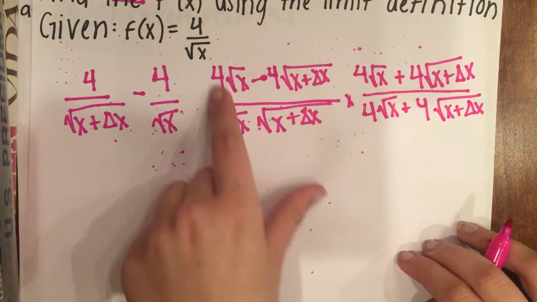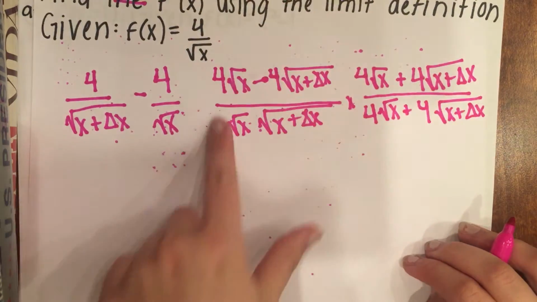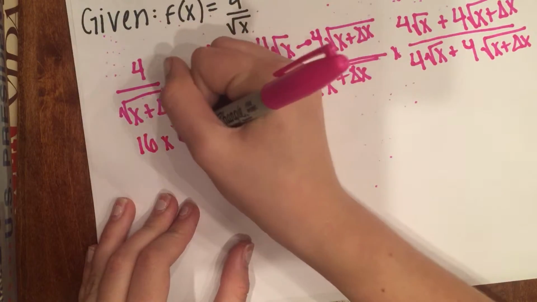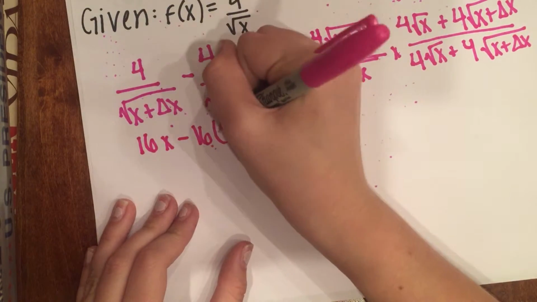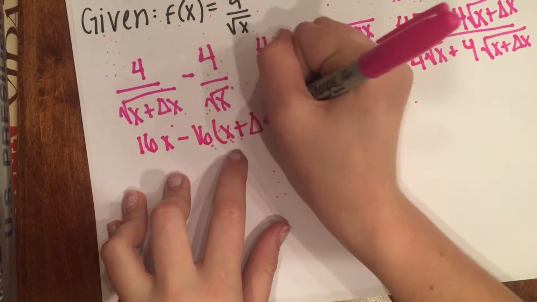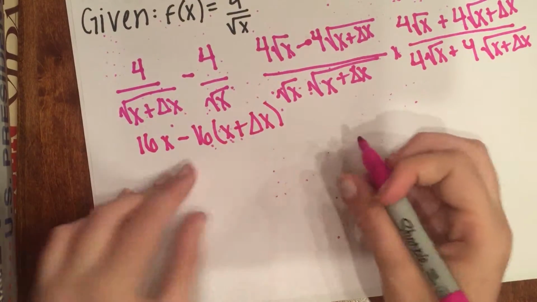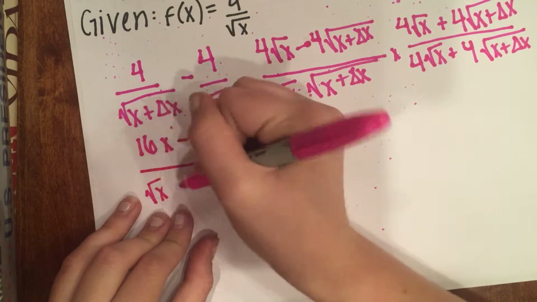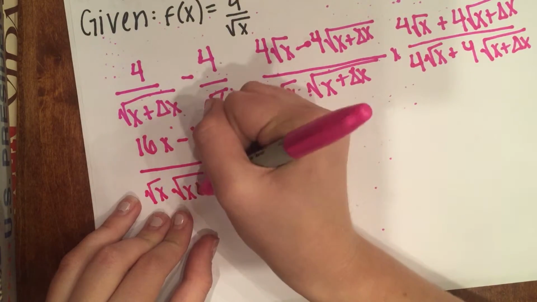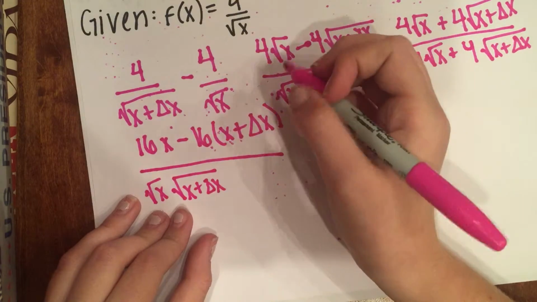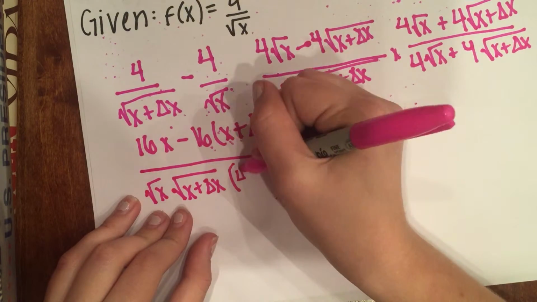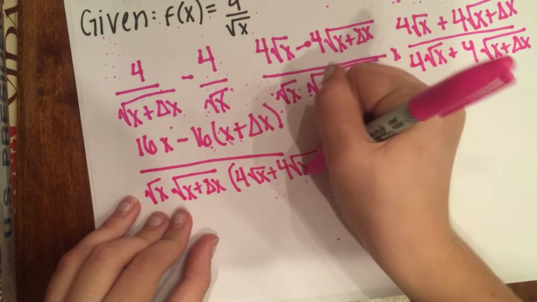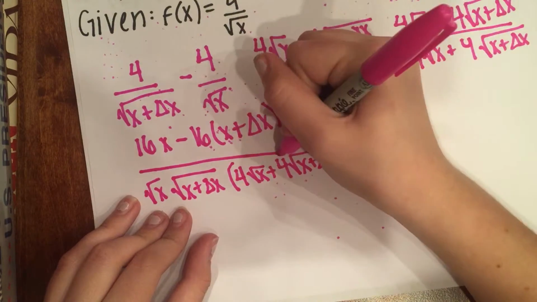So when I multiply all this ugly stuff out, I'll end up with 16 root x minus 16 root x plus delta x, and all over root x times root x plus delta x, times 4 root x plus 4 root x plus delta x.